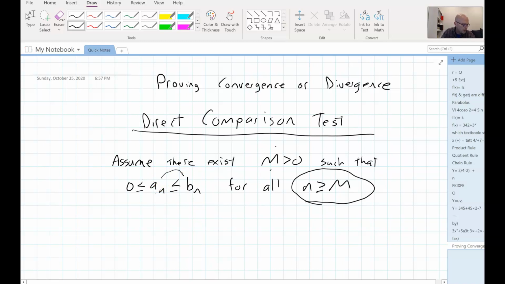Okay, and if we can do that, then if this series converges, then this other series converges.